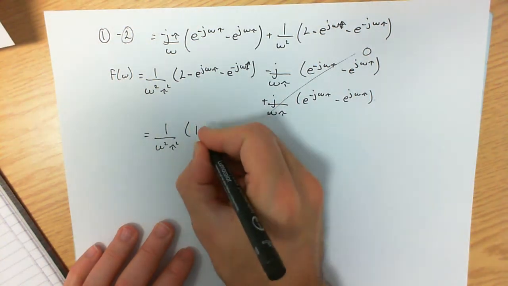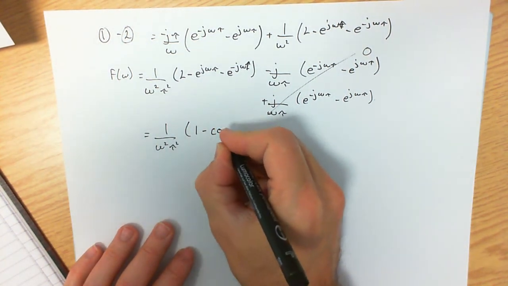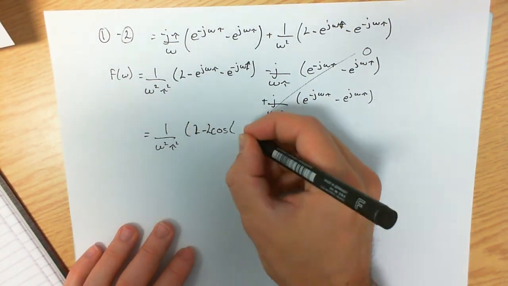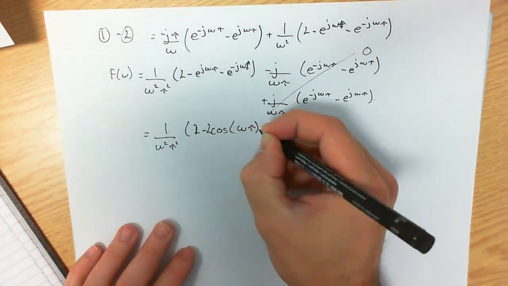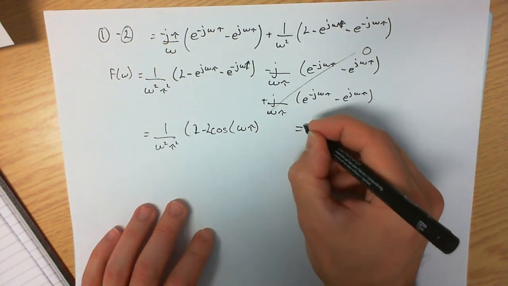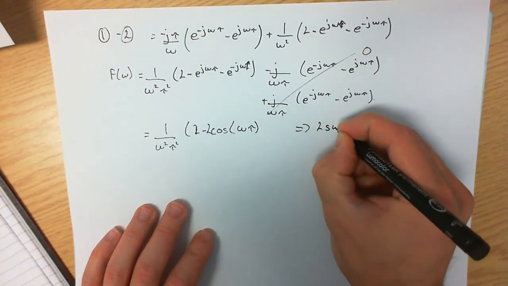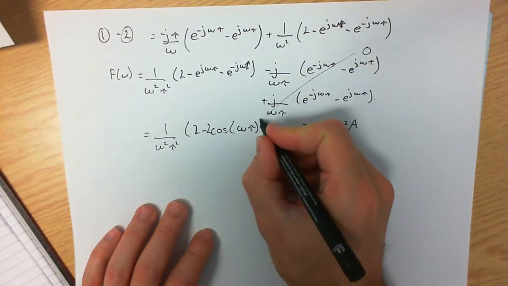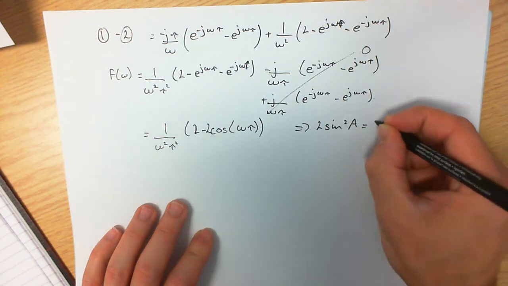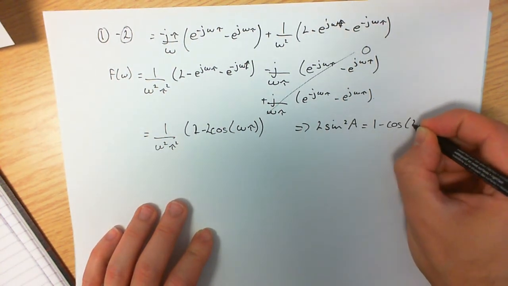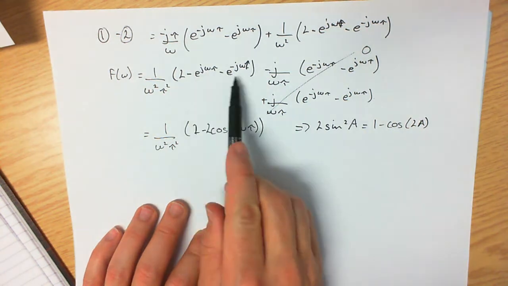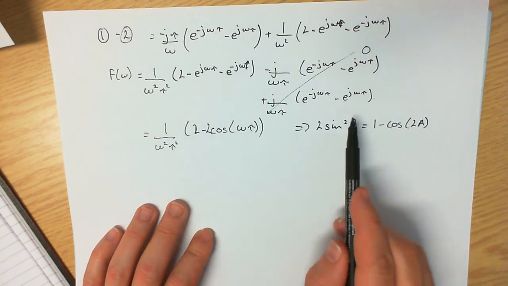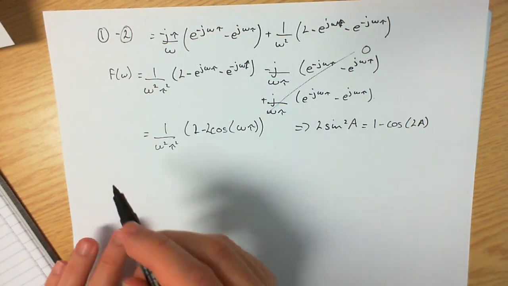So we've got 2 minus 2 cos omega tau, because what we're using is the equation that 2 sine squared a is equal to 1 minus cos of 2a. So now we've replaced this with a cosine. We're going to replace all of this with a sine squared to simplify the maths.